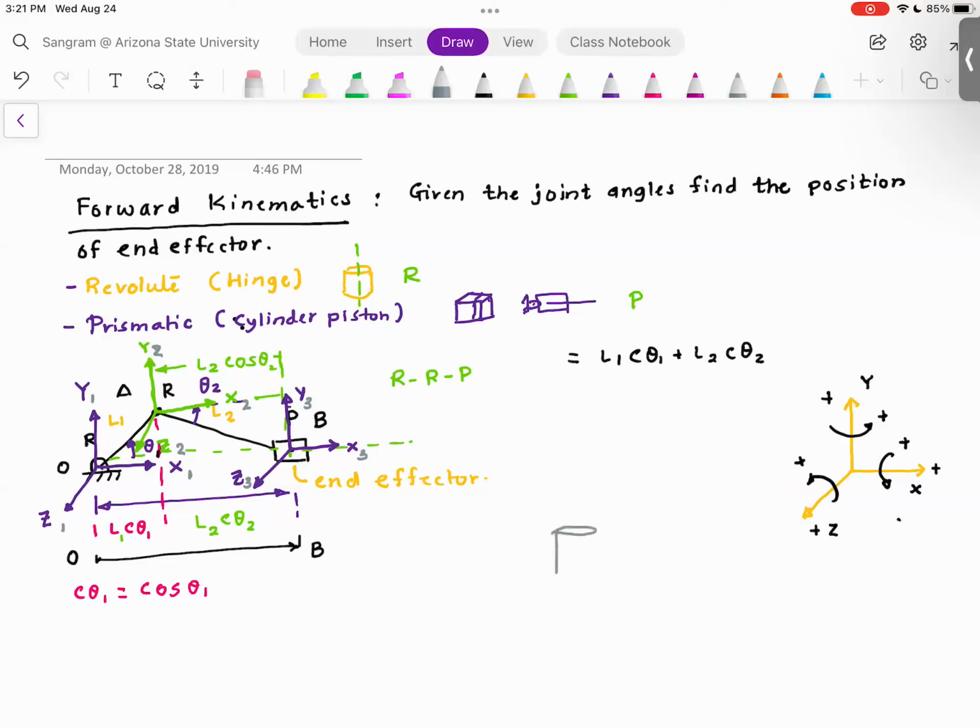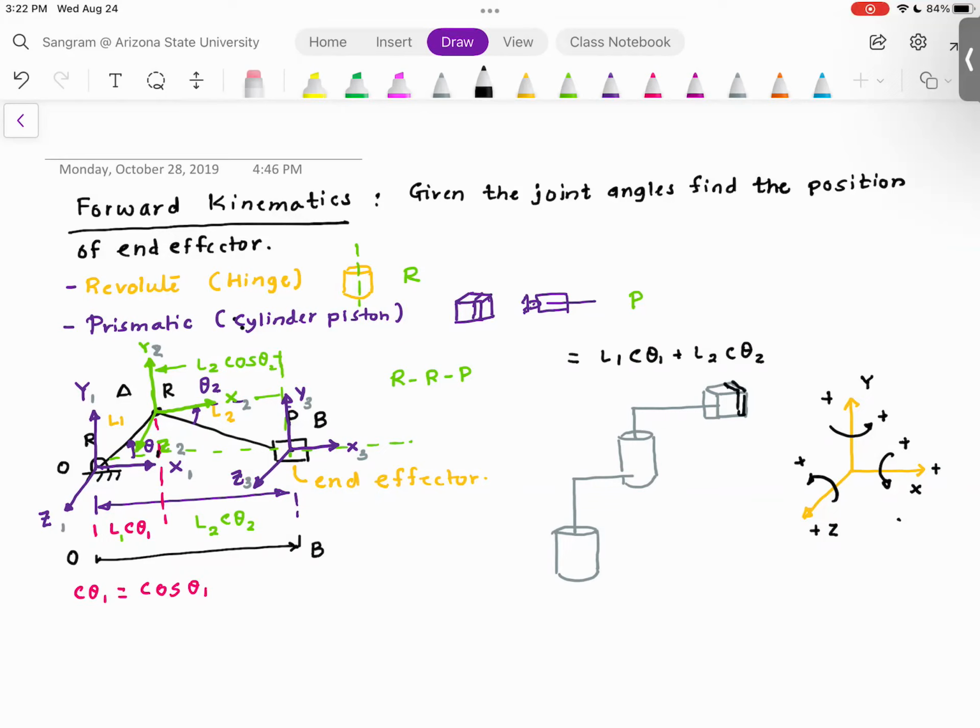This is called the kinematic diagram. And this is how the real robot would look.